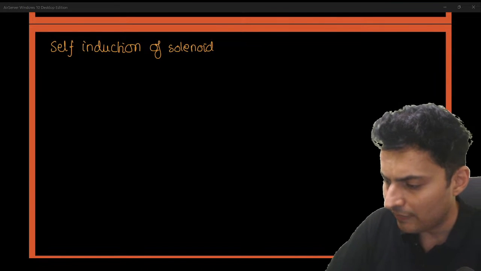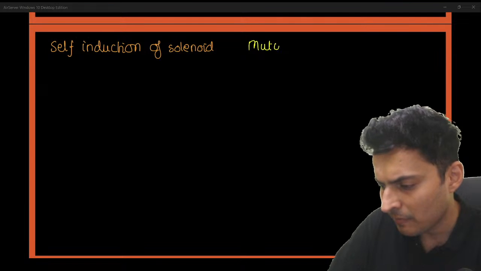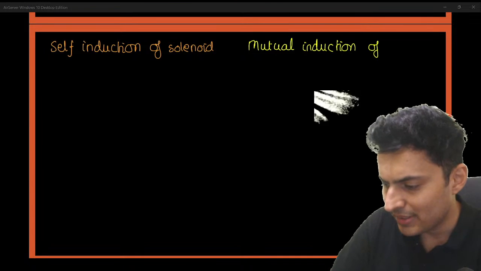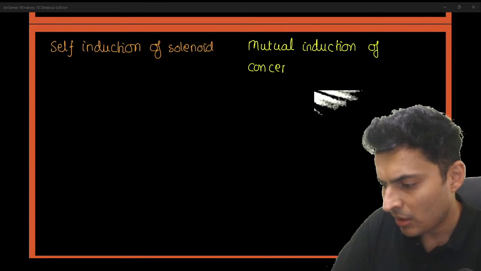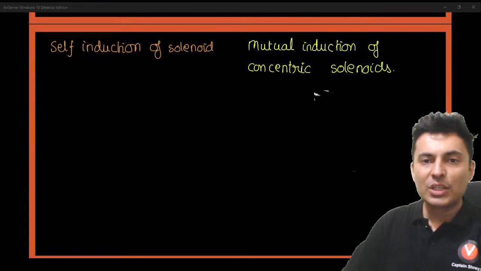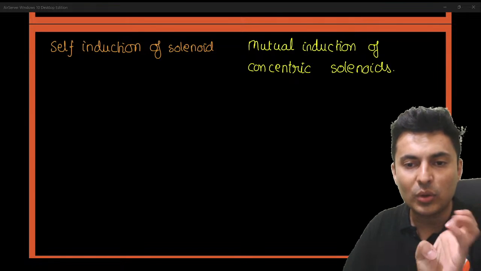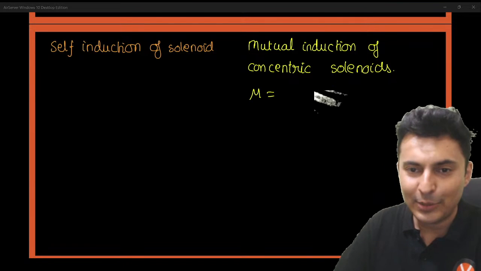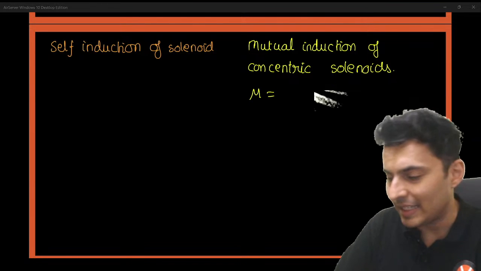And then you also have mutual induction of concentric solenoids. When you have mutual induction of concentric solenoids, the formula looks something like this.